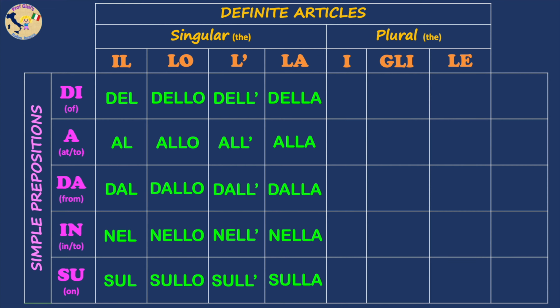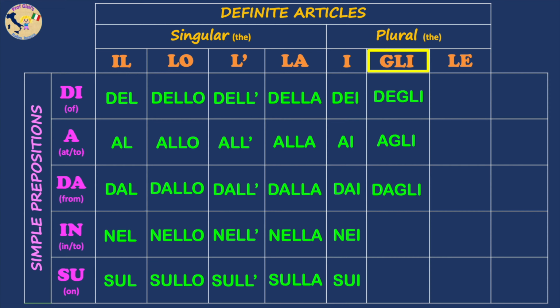When the contraction happens with plural article i, we get combined prepositions dei, ai, dai, nei, sui. By combining simple prepositions with plural article gli, we get degli, agli, dagli, negli, sugli.